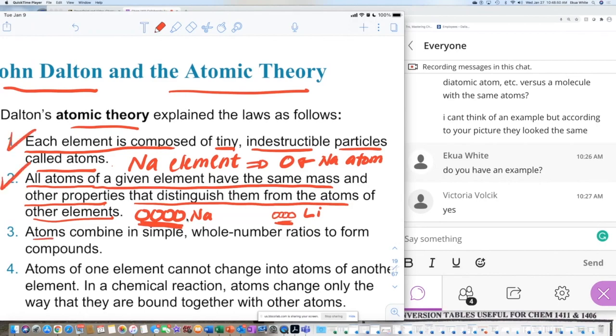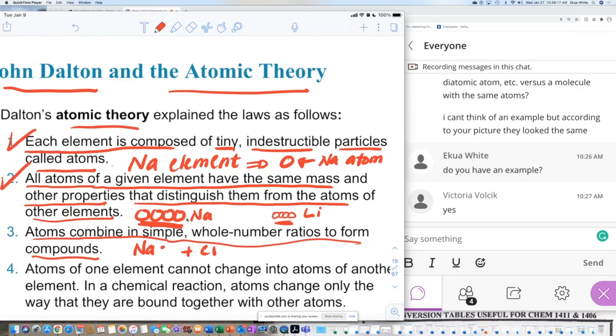Number 3, atoms combine in simple whole number ratios to form compounds. What do you think he's saying? He's saying when atoms come together to form compounds, they combine in simple whole number ratios. So let's say sodium is trying to combine with chlorine.